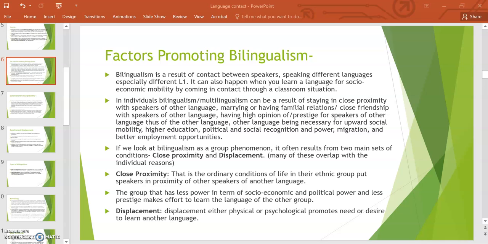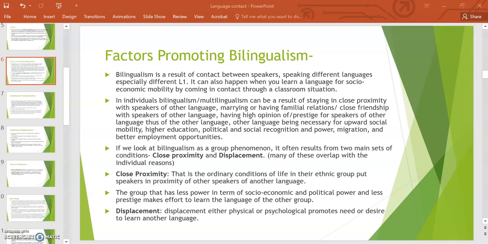For example, if you look at the tribal languages in India, take the example of Jharkhand. You have the speakers of tribal languages living with speakers who speak Indo-Aryan languages. Hindi also is one of them.